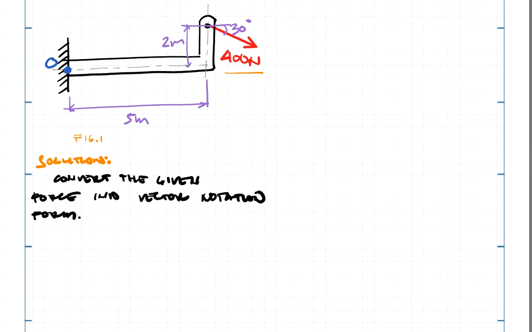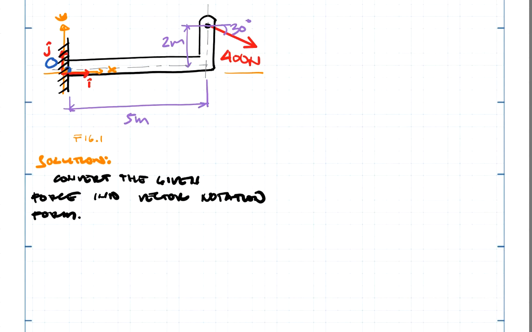Let me construct an x-y axis here. Say this is our x direction, y direction. Therefore, we have here the i, and this is our j component.